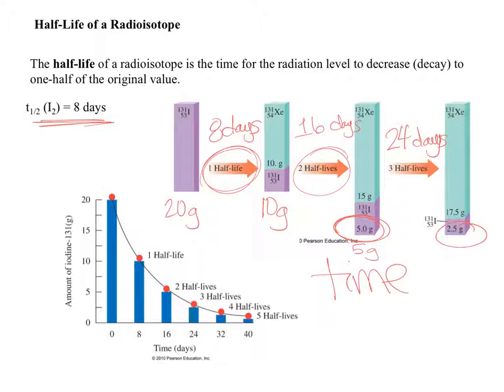And so you just add the half-lives up. 8 plus 8 is 16, plus another 8 is 24, and you could keep going and going until you're completely out of iodine 131, or reactant. Okay? And here it shows in a graph form. It's good to read, but I typically don't use a graph when I'm trying to just basically calculate a simple half-life.